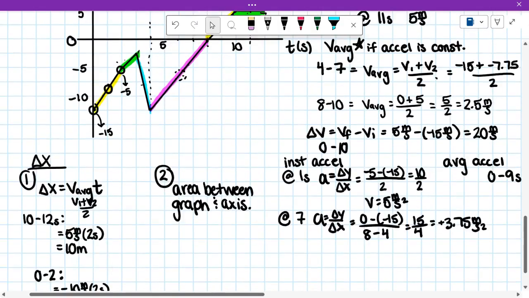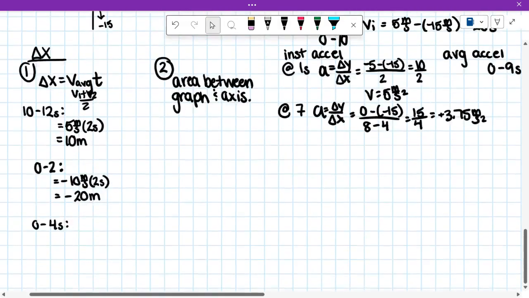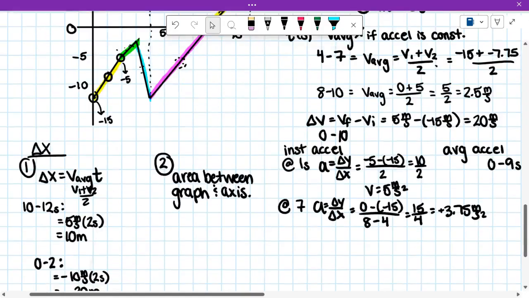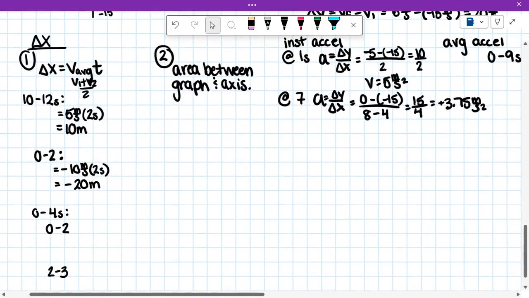Well, between 0 and 4 seconds, I have 1, 2, 3 accelerations. So that means I need 1, 2, 3 average velocities for 3 different time frames. Okay? So I have 0 to 2, 2 to 3, and then 3 to 4, right? Based on how that graph is split up.